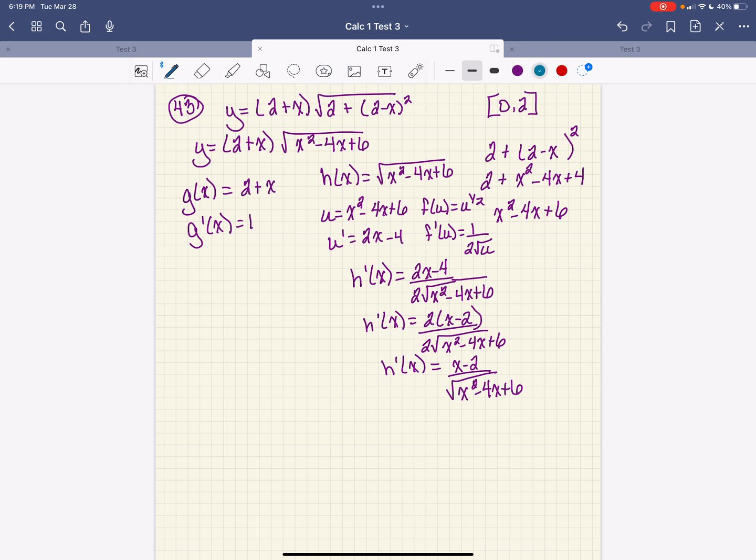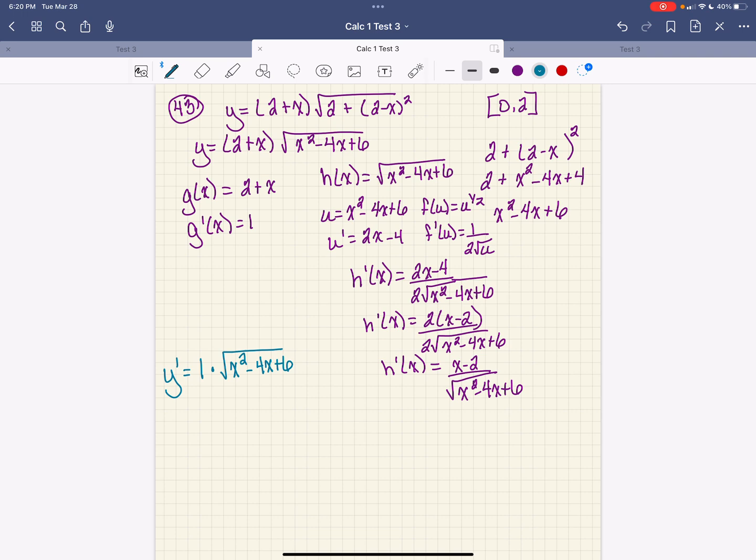Now I am able to do y prime, the derivative of y. I start with the derivative of my first function, which is 1, times my second function, so I'm left with the square root of x squared minus 4x plus 6.